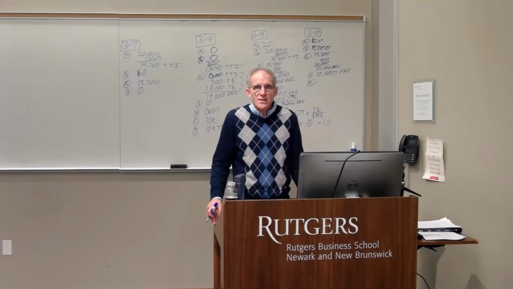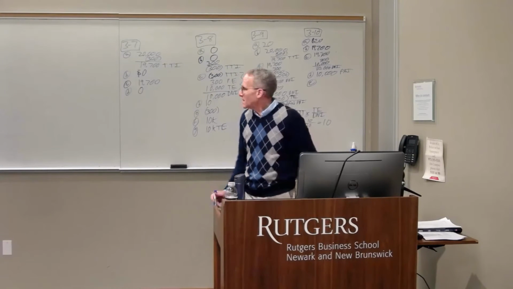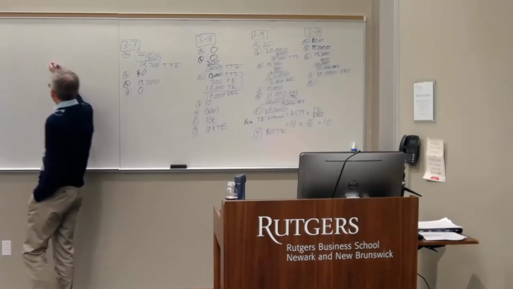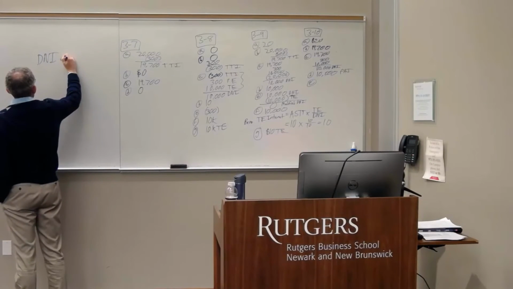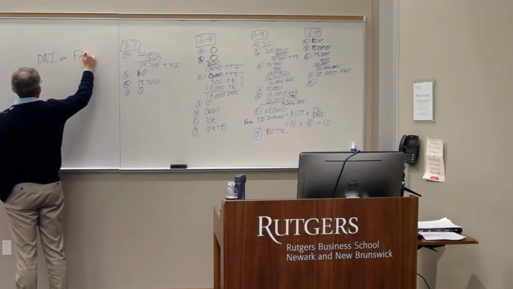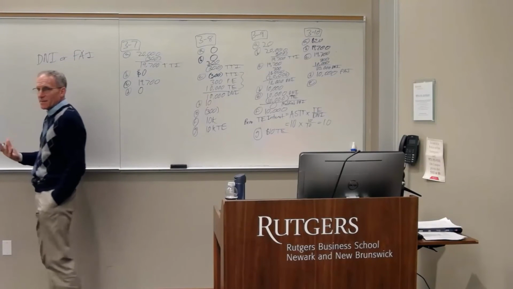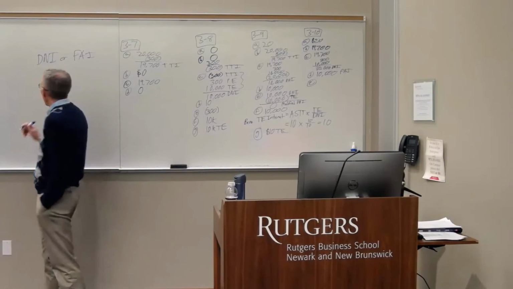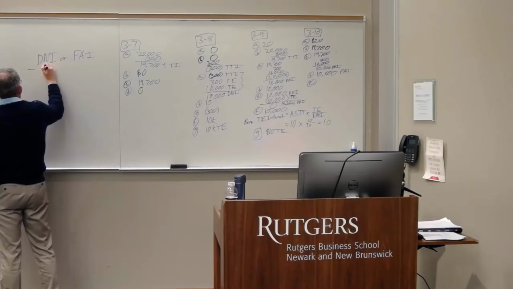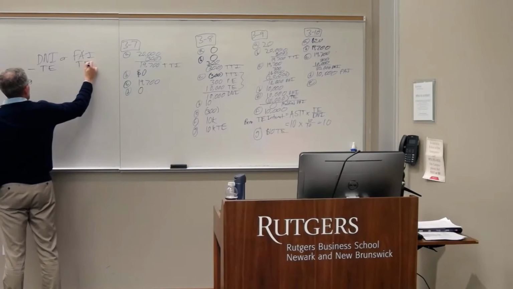Everyone agree? You can only get a deduction, hear me, on the lesser of those two numbers. That's the only amount that's going to be given to the beneficiary, the lesser of the two. And then you have to subtract out, whichever is the lesser of the two, tax exempt.